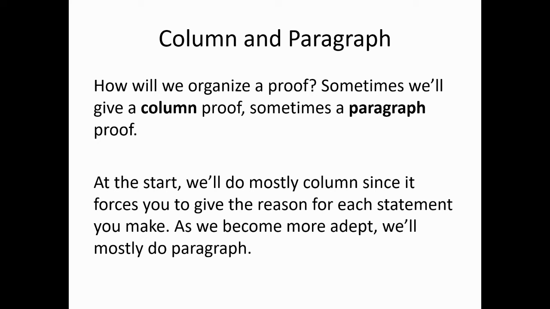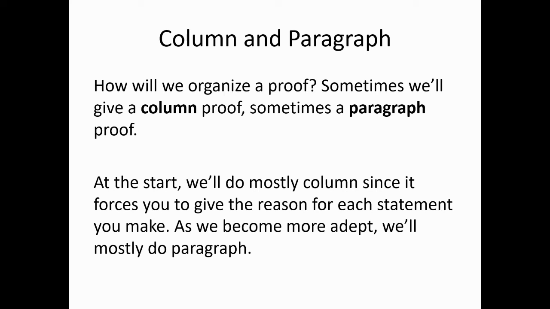Later on, we'll begin to give what's sometimes called a paragraph style proof, which is typically what mathematicians do. They don't often produce table style proofs, really, they never do. A paragraph style proof is one in which you simply write out the proof sentence by sentence, paragraph by paragraph. But I think for us, it's a very good idea here at the start to give column style, that is table style proofs, because it forces us to give the justification for every step that we make.